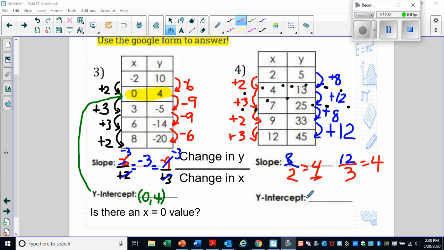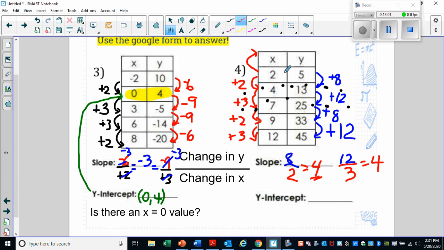Now, for the y-intercept, this will be a little tricky because we don't necessarily see an x equals 0 value. However, we can work backwards. So we noticed when we went up from 2 to 4, it was 2 spots. But now, what if we went back 2?